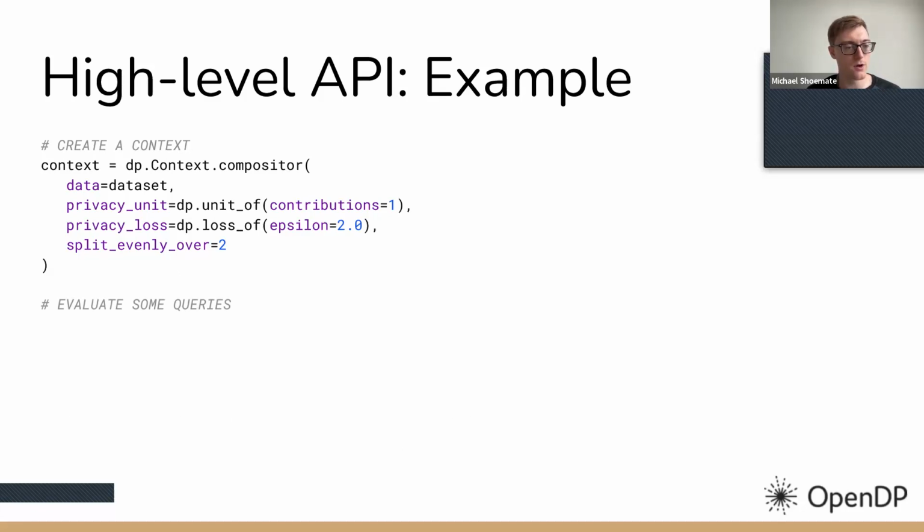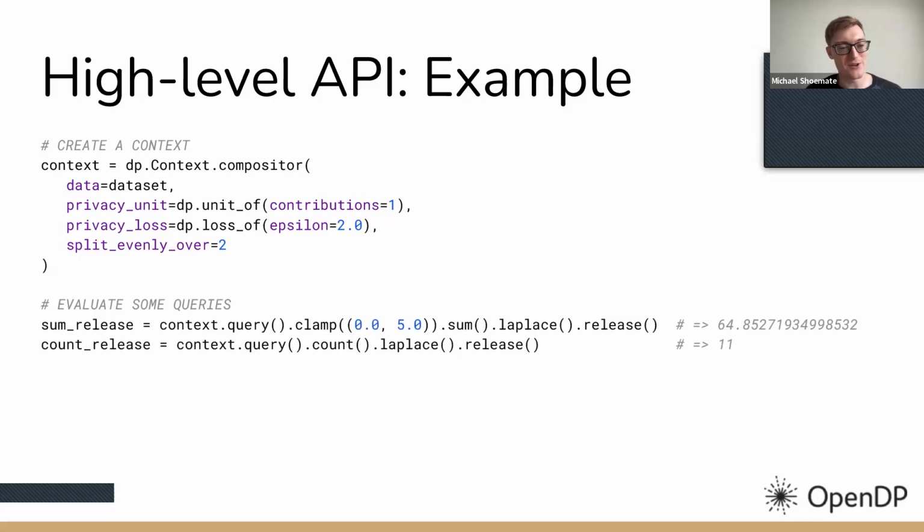Whenever you want to submit a query to the context, which is holding your data set, you use this dot chaining notation. And this will again become more concise in the upcoming releases.